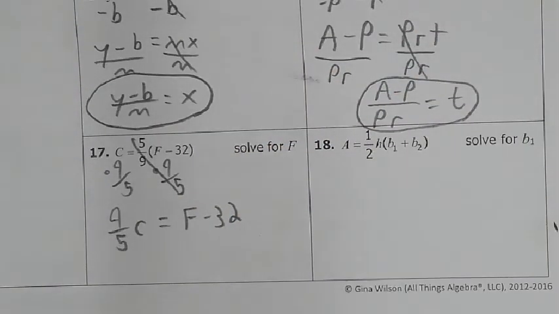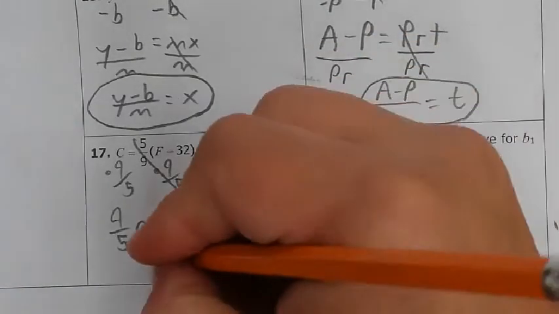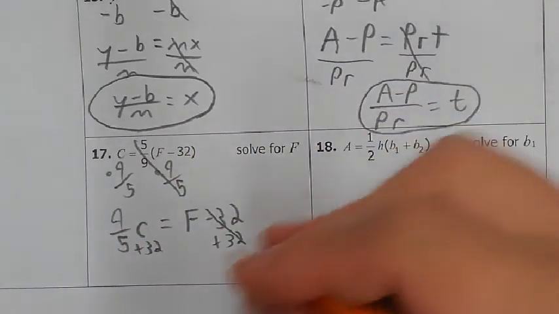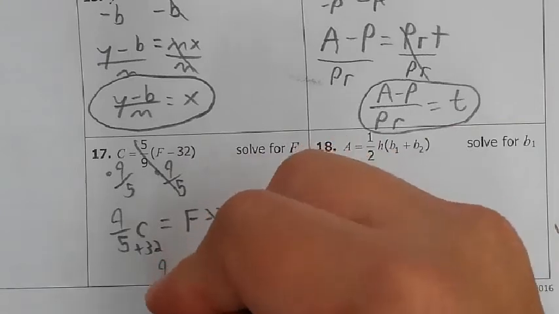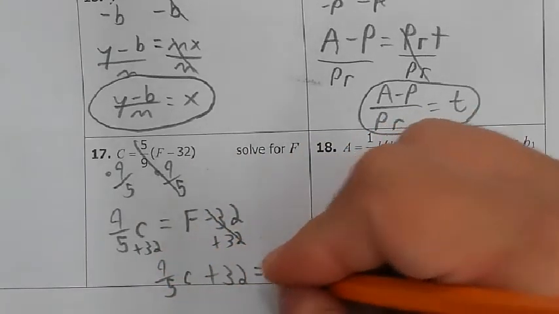So now how are we going to get the F by itself? Add 32. Those are going to cancel out, and we'll have 9/5 C plus 32 equals F.